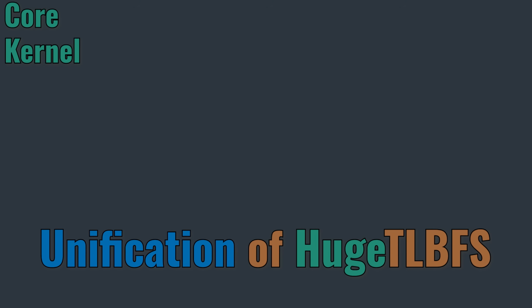We don't want to have a part of the kernel which isn't updated, which is kind of forgotten and maybe works, maybe doesn't work. We want everything to use some standard function so that we can only change the standard function to make change on everything. So that's what unification means. There were 10 sub-functions within huge TLBFS, and now those sub-functions that only huge TLBFS used were reduced to 2.